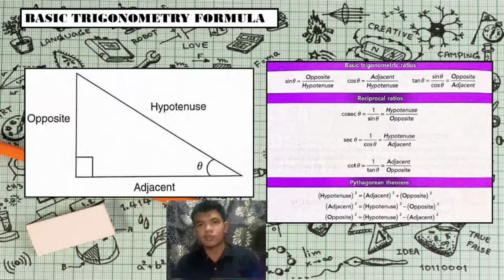Next, for the reciprocal ratio, cosecant is 1 divided by sine, equal to hypotenuse divided by opposite. Secant is 1 divided by cosine, equal to hypotenuse divided by adjacent, and cotangent is 1 divided by tangent, equal to adjacent divided by opposite.